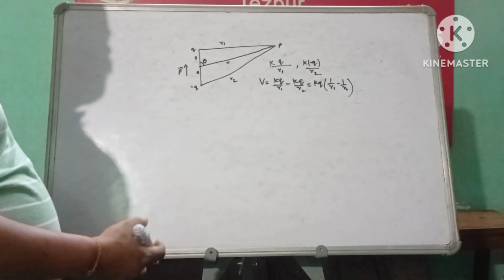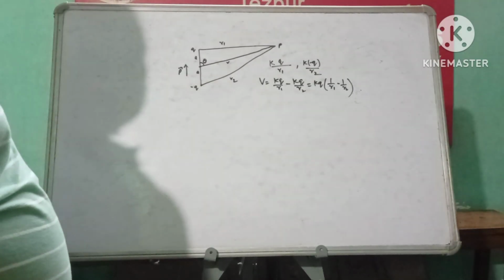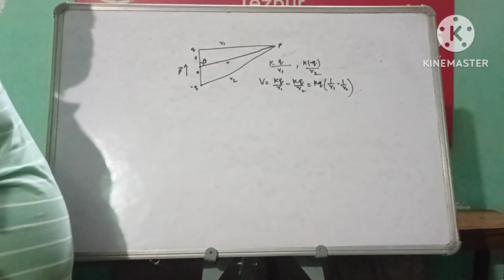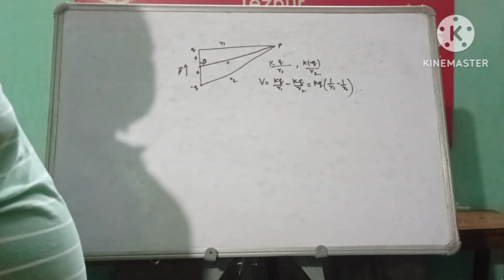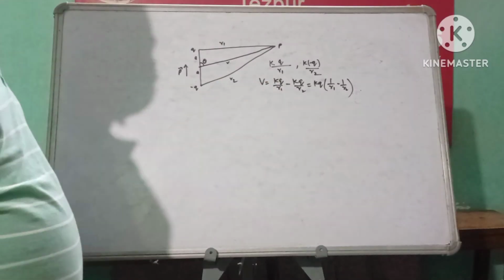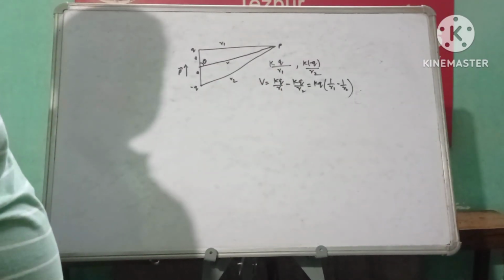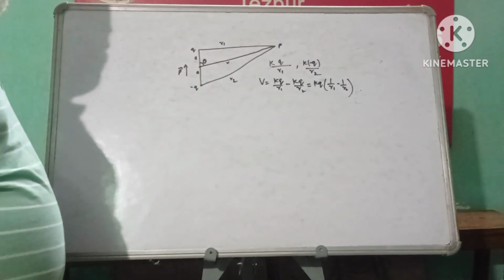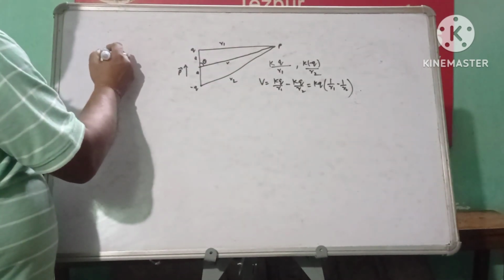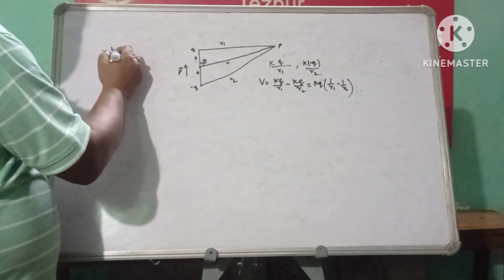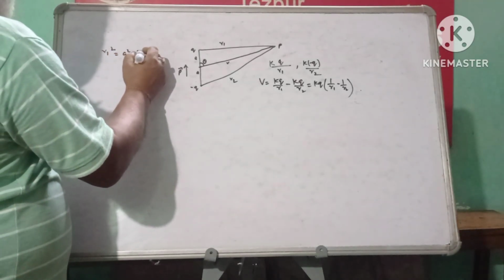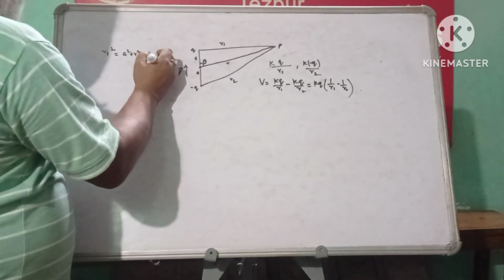There is no need of memorizing it, because you know the formula for the potential at point P due to Q. You can easily put these values in, and your total potential will be this much. Now a little bit of mathematics you have to do, because here there is a cosine rule: R1 square is equal to A square plus R square plus 2AR cos theta.